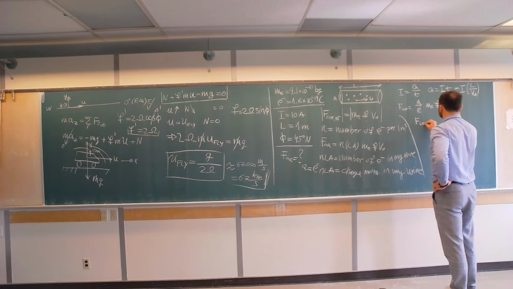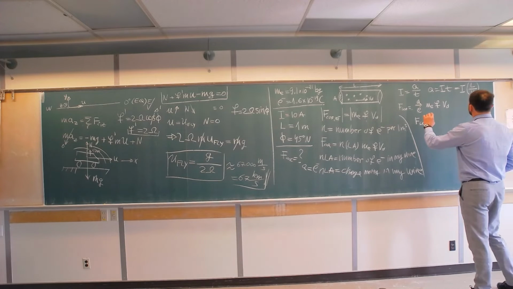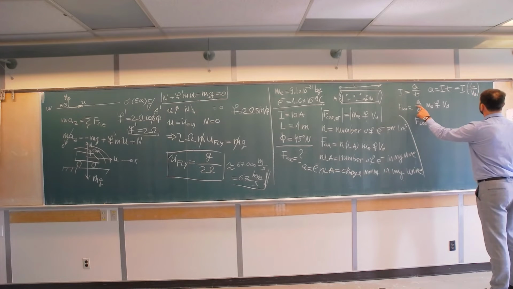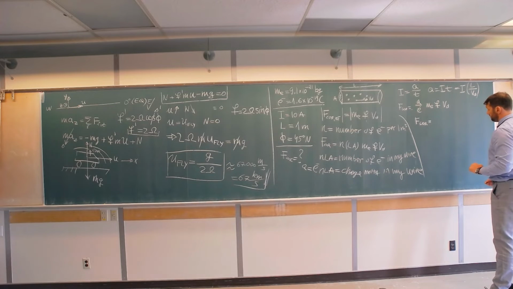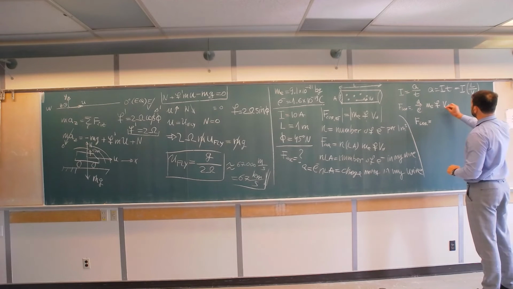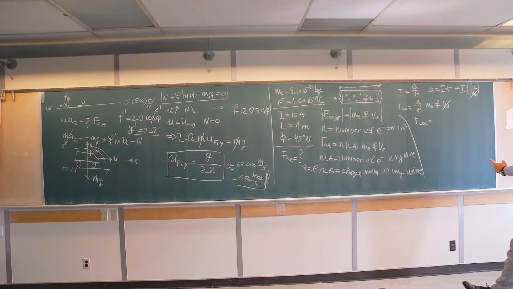Or F Coriolis is equal to, Q is I times L divided by VD. So notice that this VD and this VD will cancel.